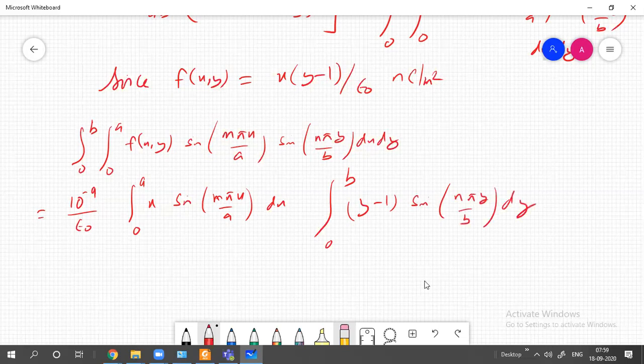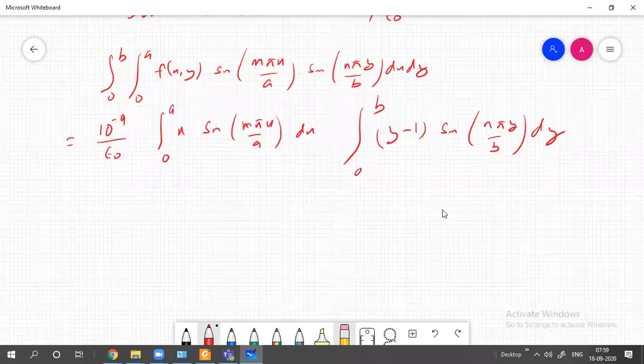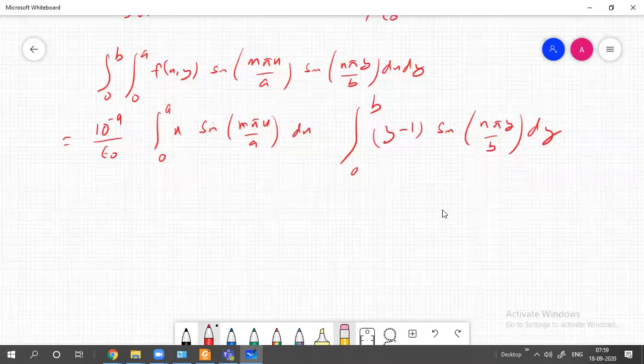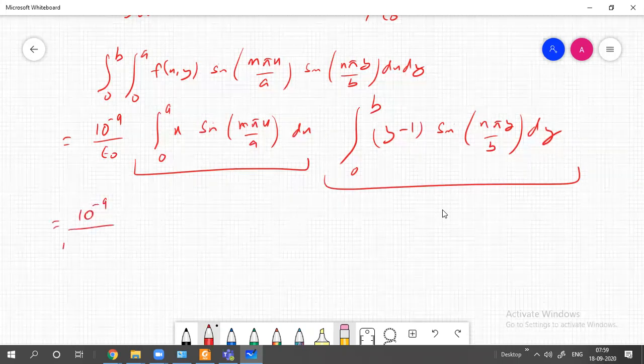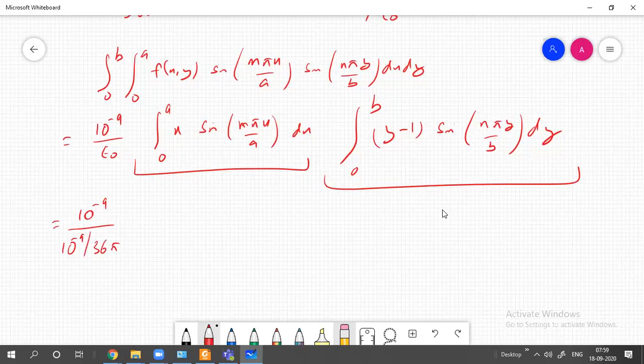Now if we solve it, you can solve this term separately and this term separately, and you will get the expression 10 to the power minus 9. Epsilon will be 10 to the power minus 9 over 36 pi. I have not solved this expression yet.